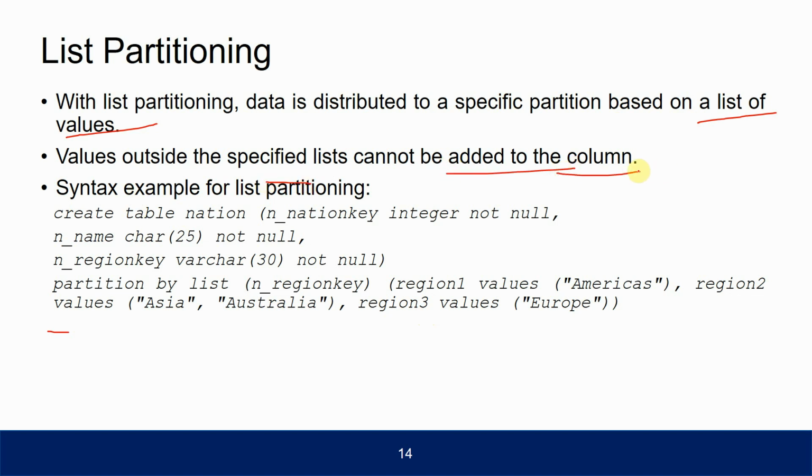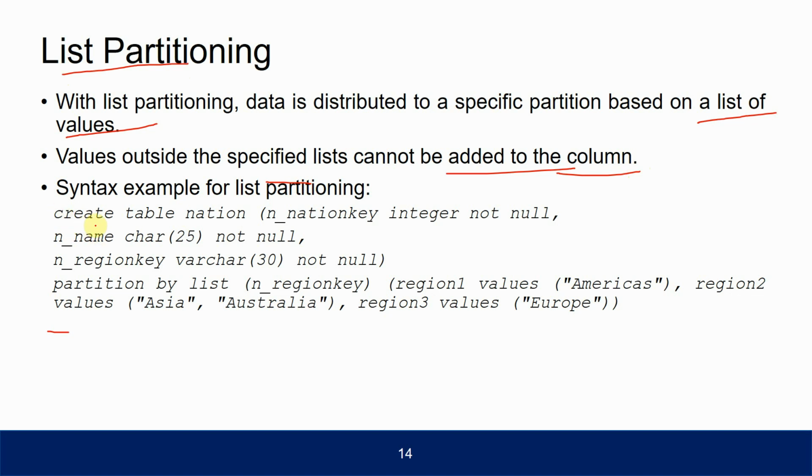This makes sense if I want to have data about the states of a country, or countries of a continent, or countries of the world. Because I know that there are 7 continents, there are a specific number of countries, and a specific number of states in a country. So there is no possibility of an extra state or extra country or extra continent. Since that will not be the requirement, I can safely use list partitioning in that situation.